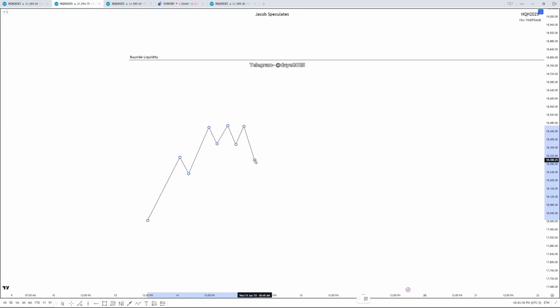Manipulation would be after a short consolidation, there would be a run below those lows before the true move higher to that target. So this would be the manipulation, and this would be the distribution.